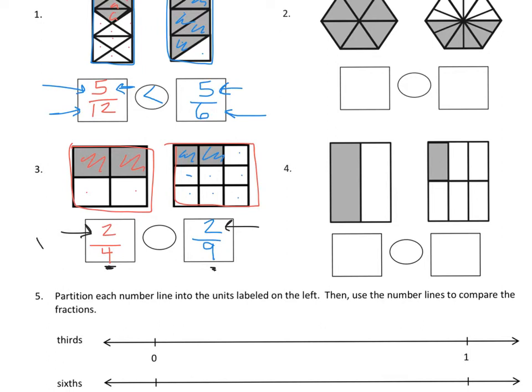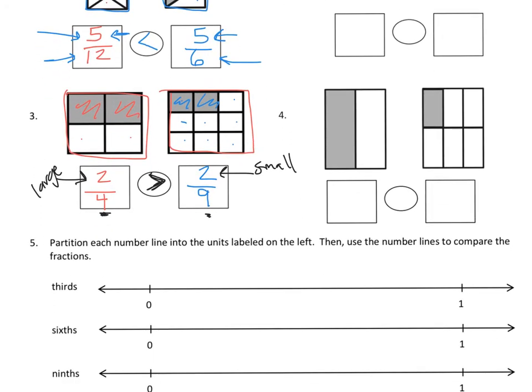These are 2 large shaded, and these ones are 2 smaller shaded pieces. So I see that more of the whole is shaded with the 2/4. So my statement now, 2/4 is greater than 2/9. So for questions 2 and 4, that's how you're setting these up.